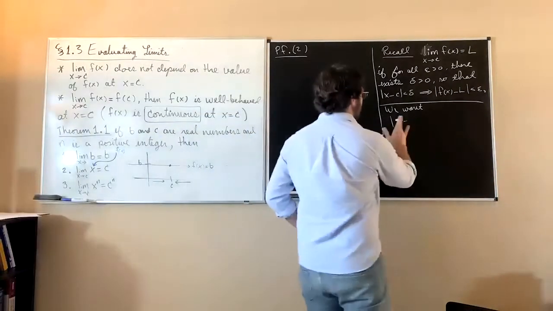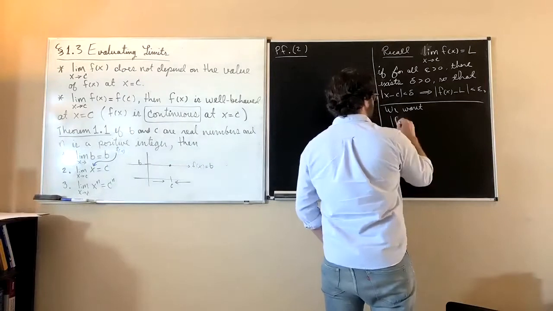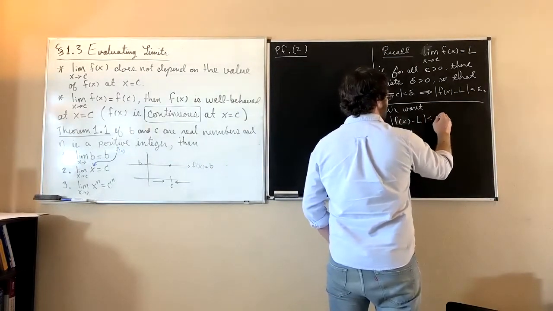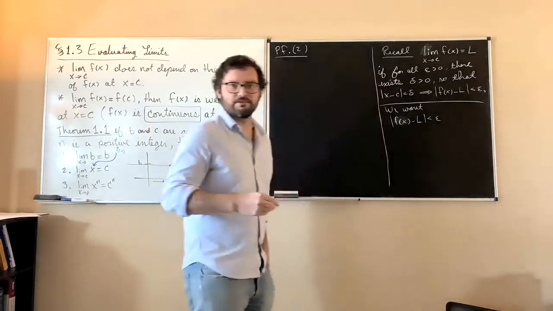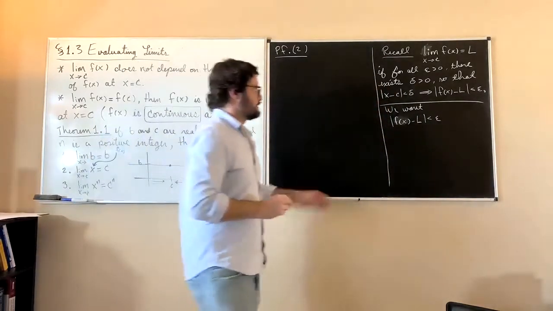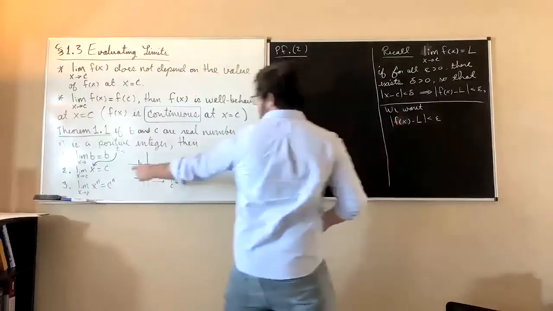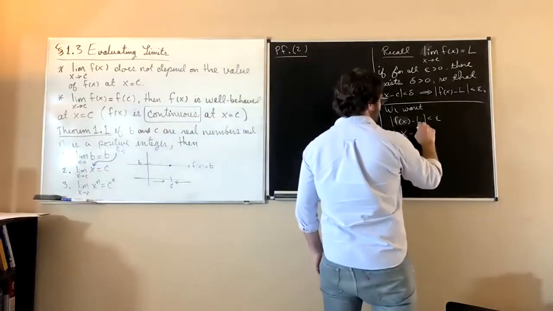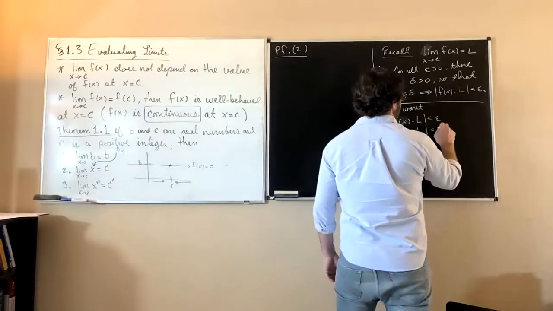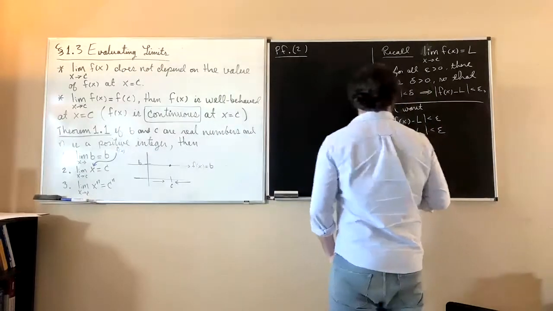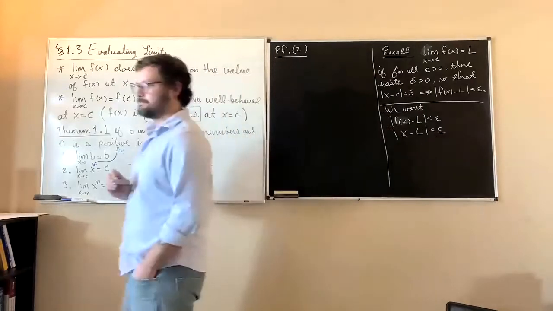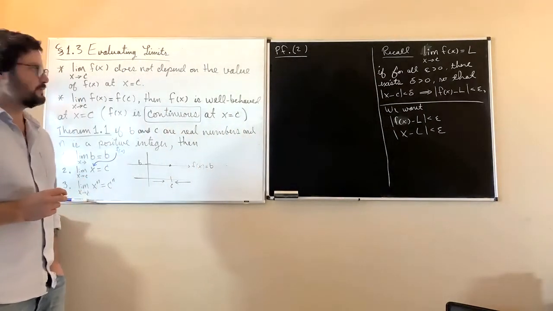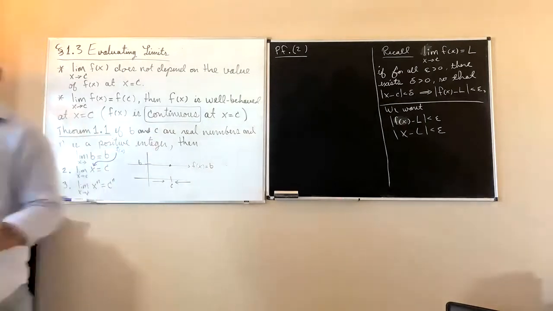So we want f of x minus L to be less than epsilon for any positive number epsilon. So that f in this statement here is just x. So we want x minus L to be less than epsilon. So far, so good, that's what we want.